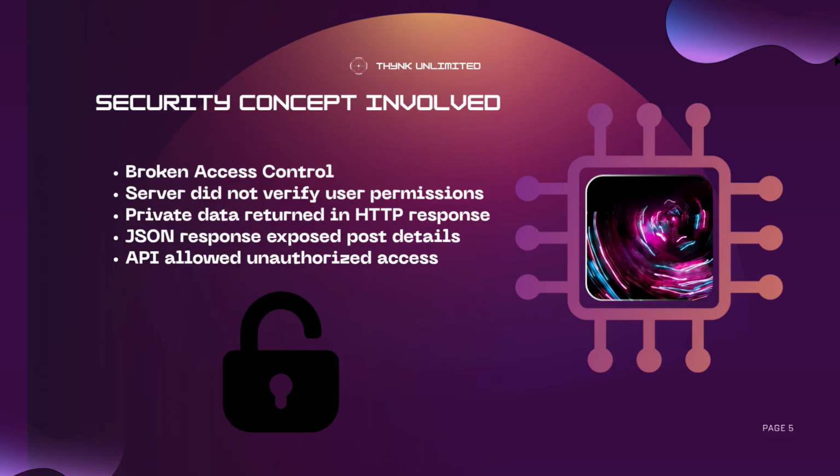As a result, when the attacker sent an HTTP request, the server responded with private data in the form of a JSON response. This response contained sensitive information such as post details, captions, and media URLs. Because there was no proper authorization check, unauthorized users were able to directly access private content. This vulnerability clearly shows the importance of implementing strict access control mechanisms in backend systems.